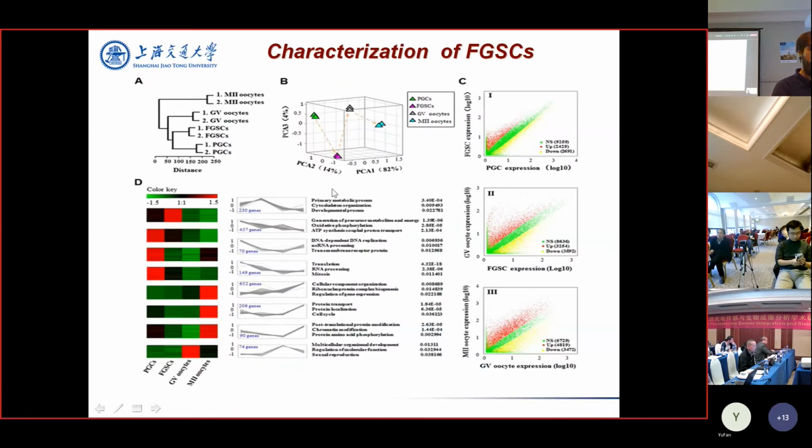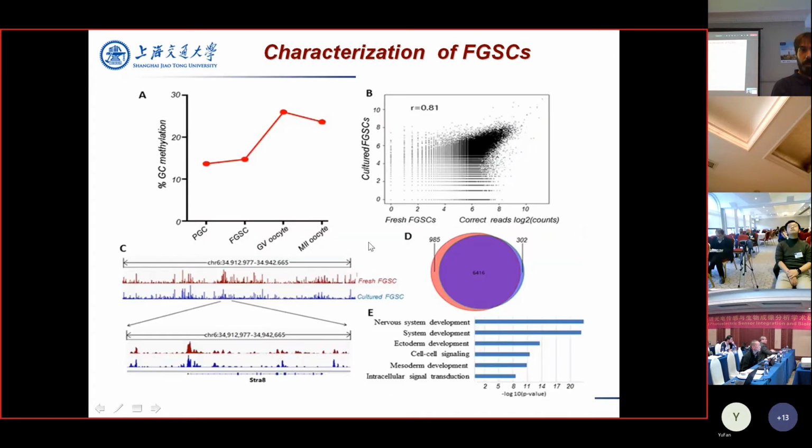With single-cell sequencing, or sequencing of very small amounts of female germ cells, we identified the FGSC as a stage between PGC and GV oocyte. Methylation sequencing also identifies the FGSC as a stage between PGC and GV oocyte. Comparing cultured FGSC with fresh FGSC, the methylation is very similar.